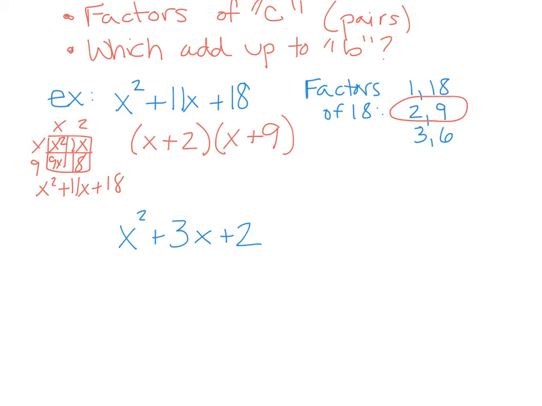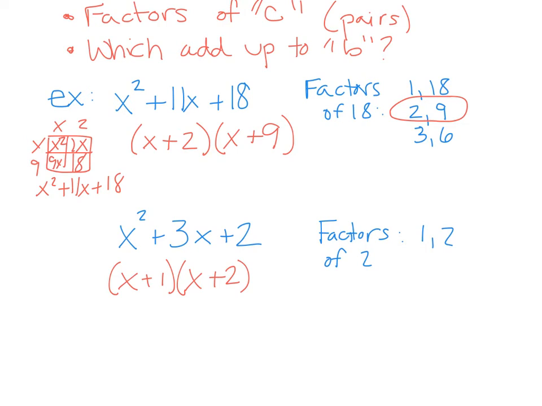Otherwise, we're going to look. Factors of 2 are only 1 times 2. So this breaks down into x plus 1 times x plus 2. Thankfully, 1 and 2 add up to that middle term of 3.